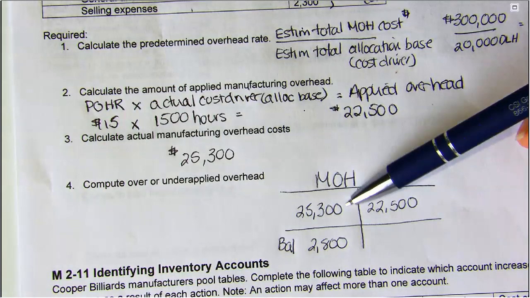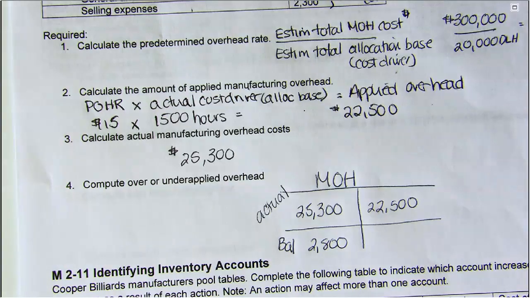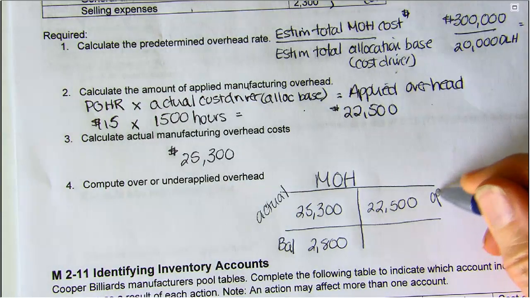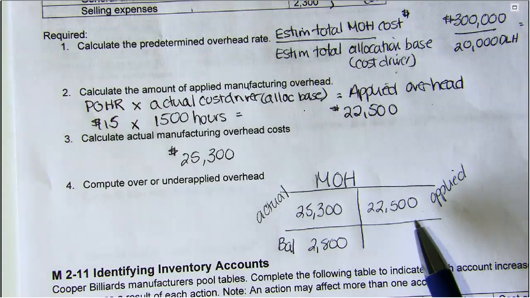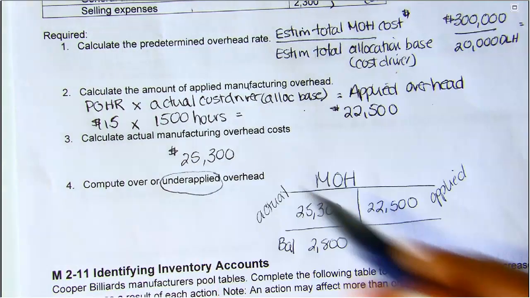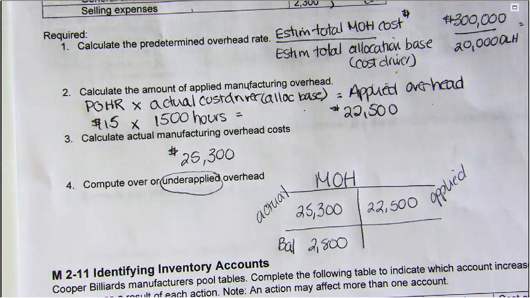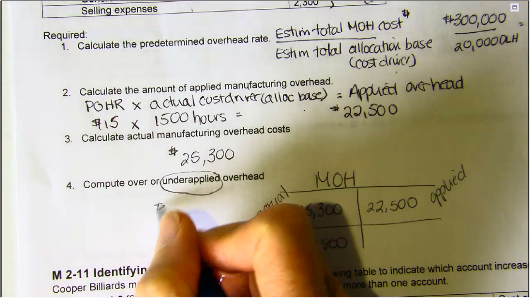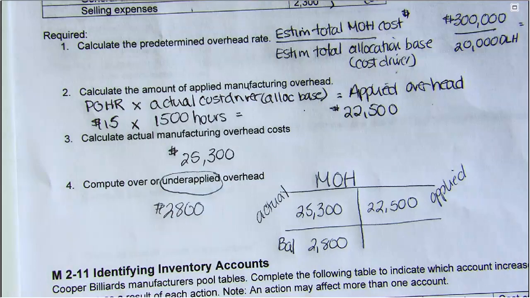Well, we have actual overhead of $25,300, and we have applied overhead of $22,500. So we have not applied enough. We have underapplied our overhead. The actual is $25,300. We have applied too little, to the tune of $2,800. And that's it for this mini lecture.